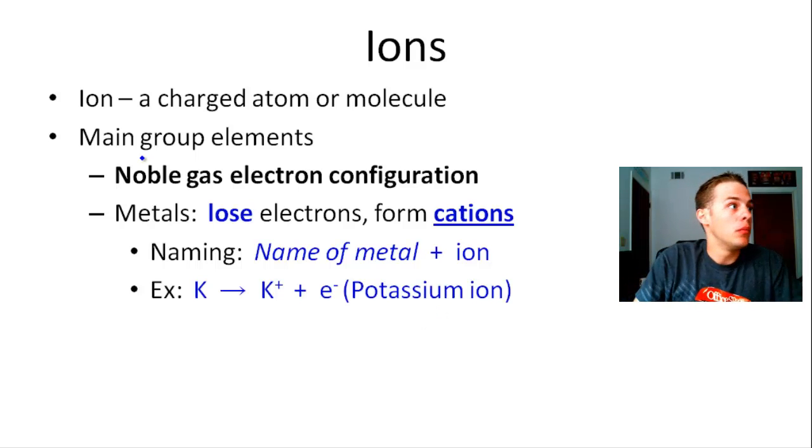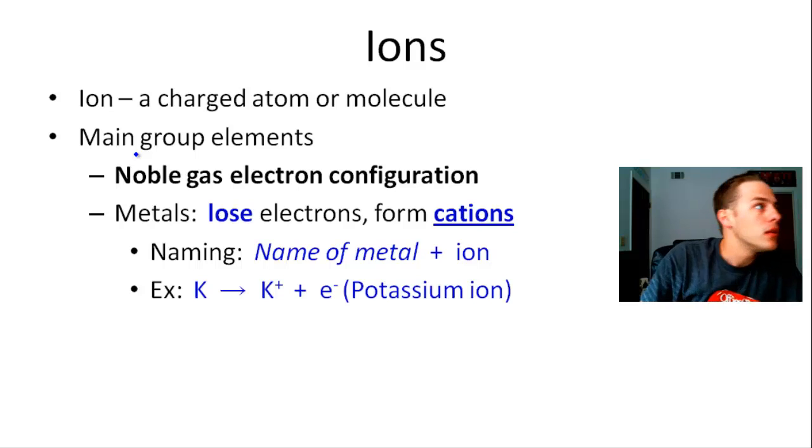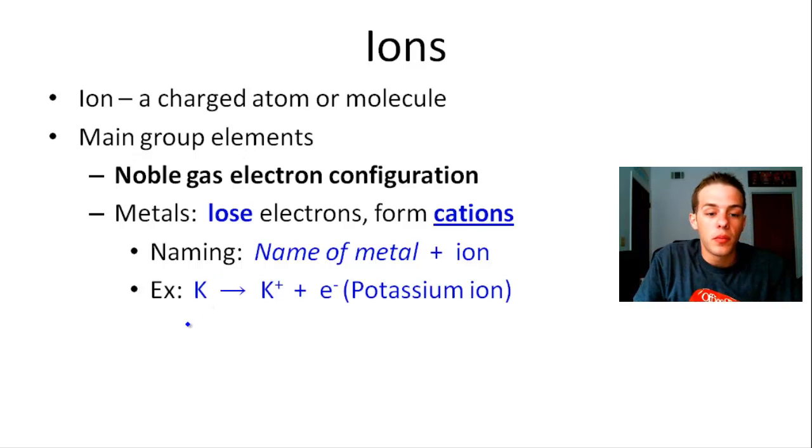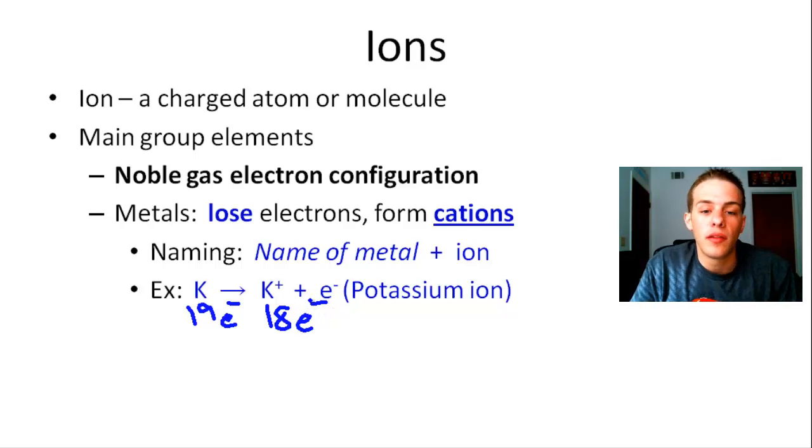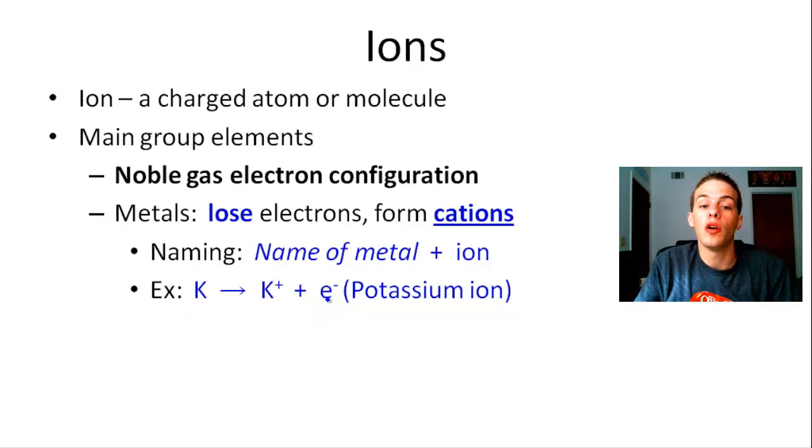Potassium has 19 electrons, and it'll lose one of these electrons to have 18 electrons. The potassium ion has 18 electrons, the same number of electrons as the element argon, which is the nearest noble gas.